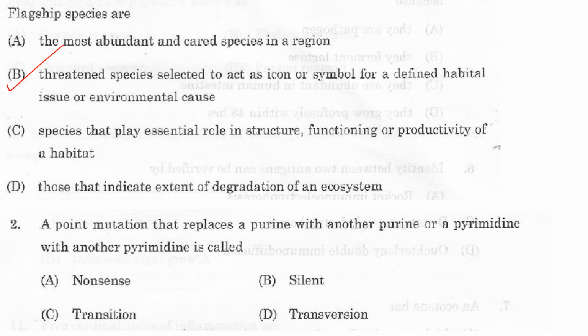A point mutation that replaces a purine with another purine or a pyrimidine with another pyrimidine is a transition mutation. Then nonsense mutation is a type of point mutation that results in a premature stop codon.